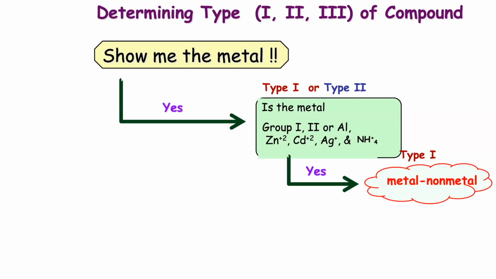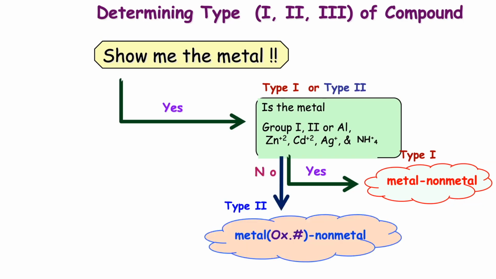If you have zinc and oxygen, that would just be zinc oxide. If you have sodium and nitrogen, that would just be sodium nitride. If you have zinc and nitrogen, it would just be zinc nitride. You just name the metal and the non-metal.